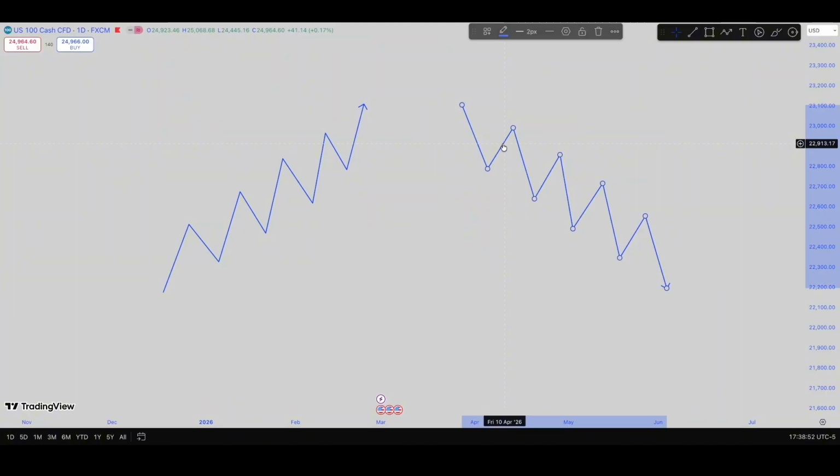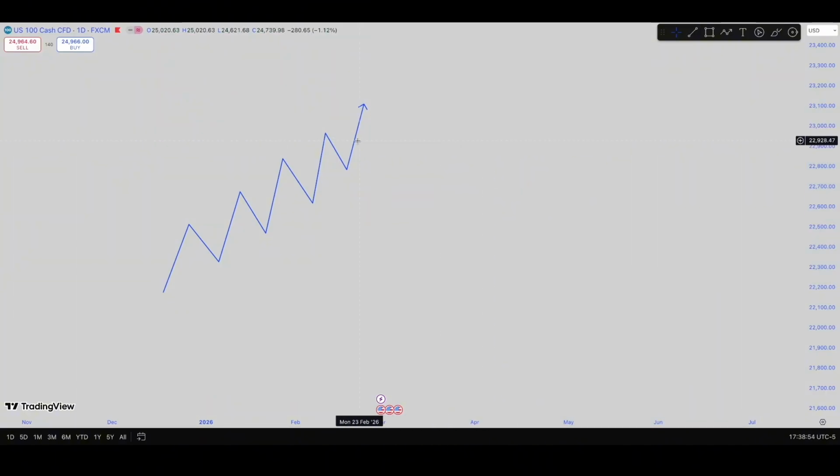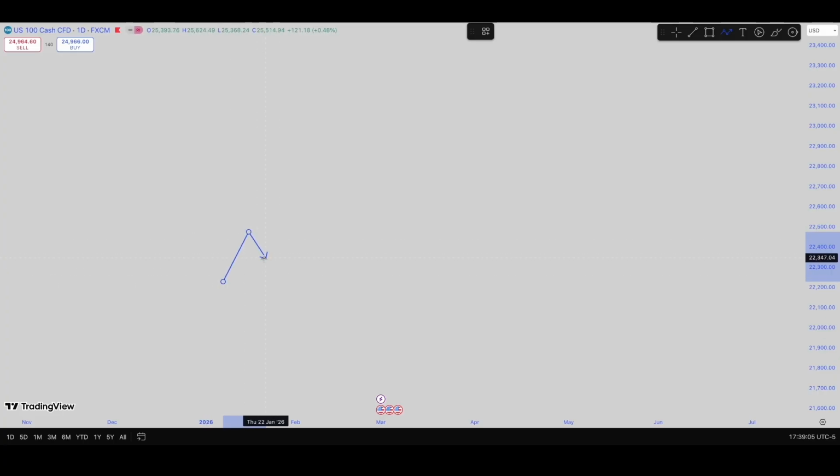I'll show you. We're going to start with an uptrend going into a downtrend. This is what you call a reversal. We're going to have expansion, retracement, expansion, retracement, expansion, retracement, expansion, retracement, to an expansion.